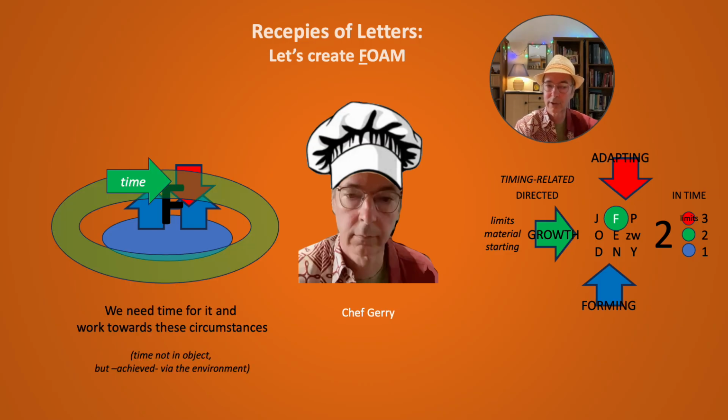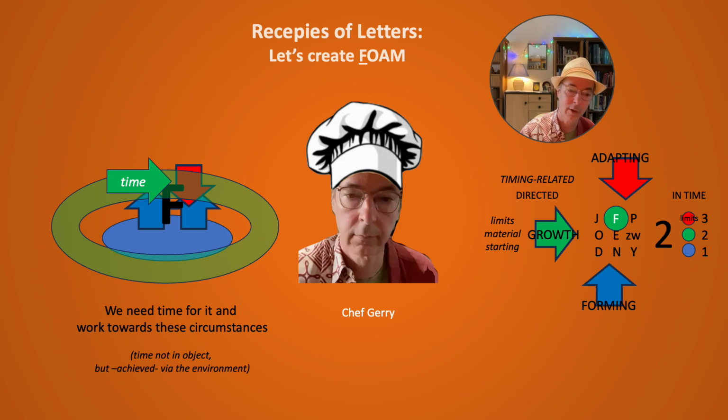The circumstance in which it works can be seen as already away from the object, away from the plate where you start from, and it deals with a situation which changes over time, and we also need time to adapt a little bit because that's what it is.